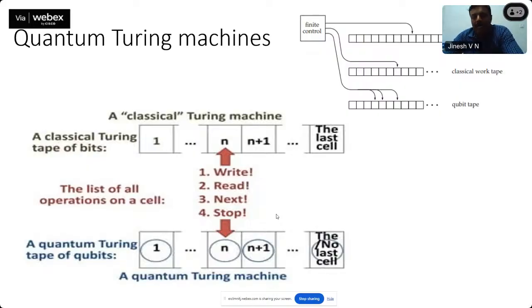So this is the basic idea. It is like a hybrid mode. You will have a multi-tape Turing machine, and in this multi-tape Turing machine, we will have one input tape, and it is read-only mode.